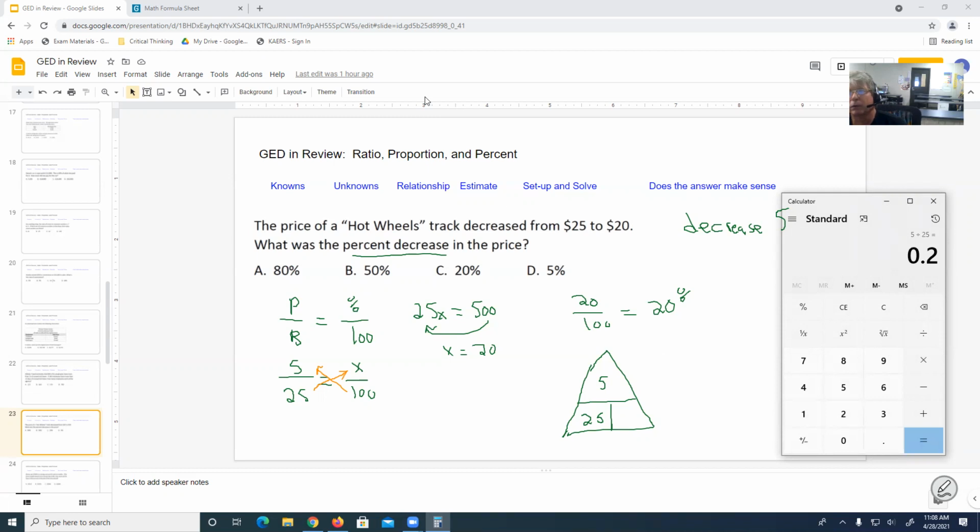Now remember, to change a decimal to a percent, you still got to move the decimal 2 places to the right. So I got to stick on a trailing 0, and that would become 20%. That's the catch if you use the triangle model. The triangle model is actually going to give you a decimal. You still got to move the decimal 2 places to the right to put it in a percent form.